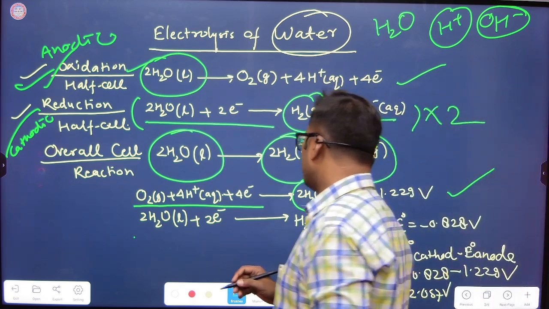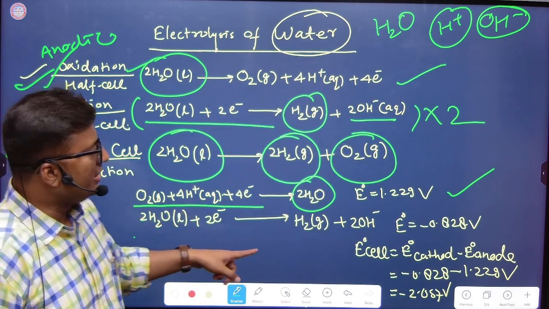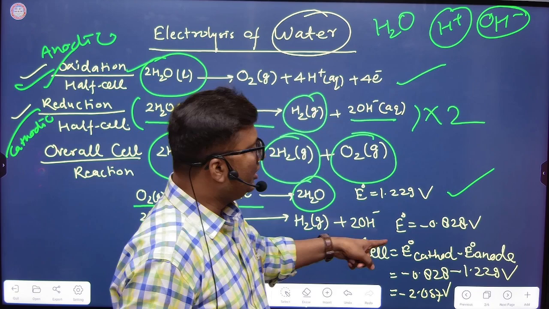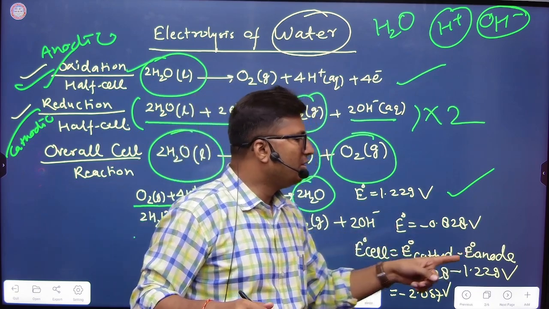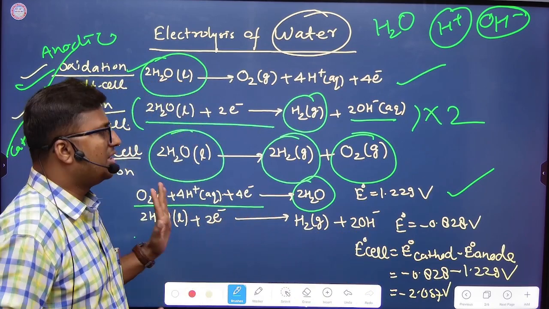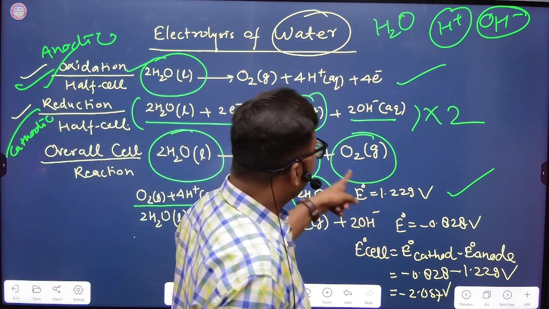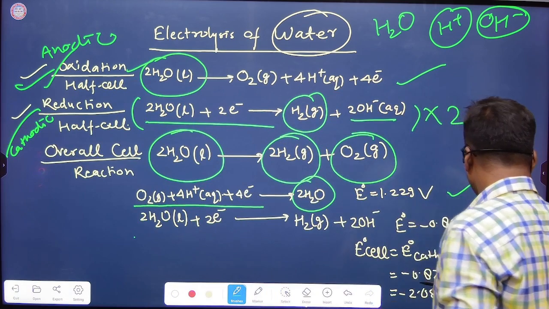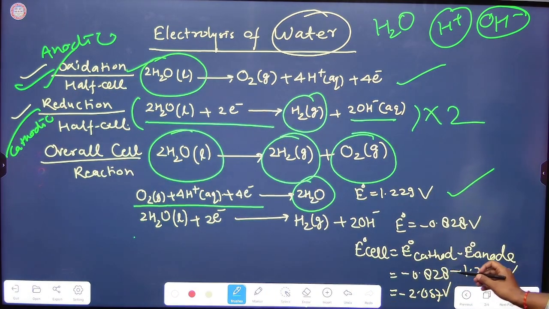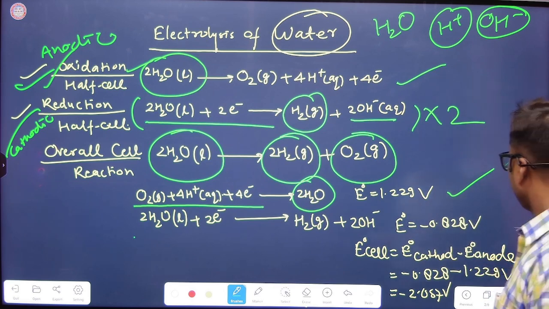So what is the potential difference, or you can simply say what is the cell potential? E naught cell is equal to E naught cathode minus E naught anode, where all these values signify standard reduction potential. So in case of the cathodic reaction, the value is minus 0.828 volt minus the anodic value, which is 1.229.